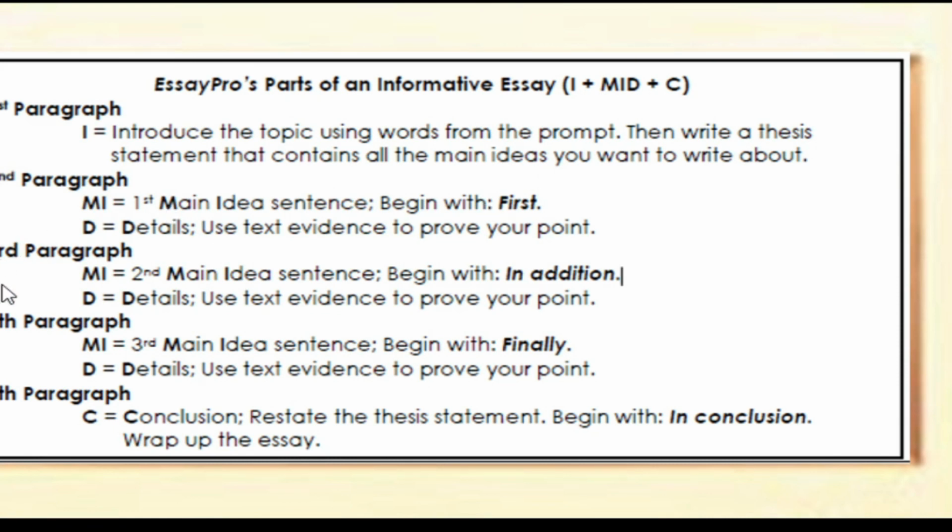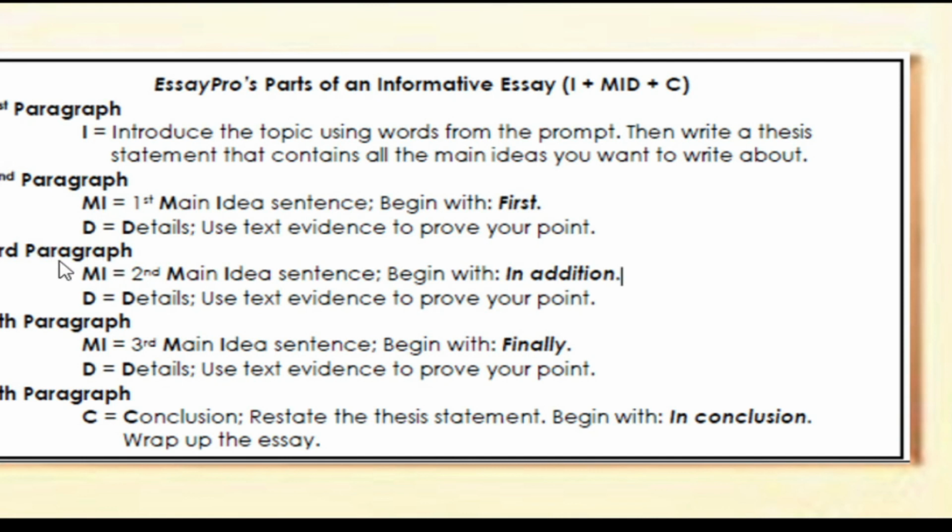The second, third, and fourth paragraphs are your body paragraphs, which have the main idea sentences. We have main idea 1 for the first body paragraph, followed by the details. These details are evidences to prove your point.